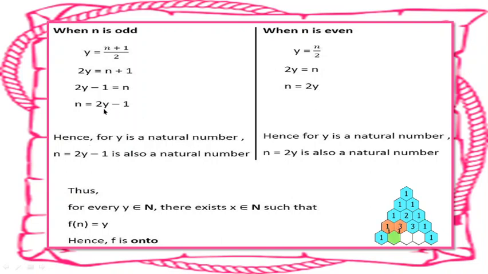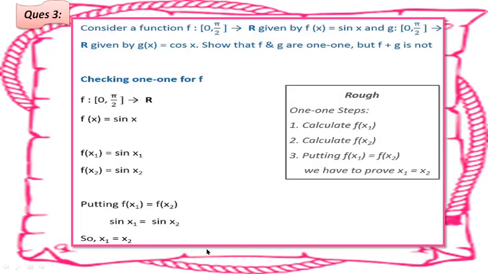Now y is a natural number, so definitely the value on the right hand side is a natural number. Here also y is a natural number, so when we multiply it by 2, it is definitely a natural number. So for every y which belongs to N, there exists some x in the domain. So this is an onto function.